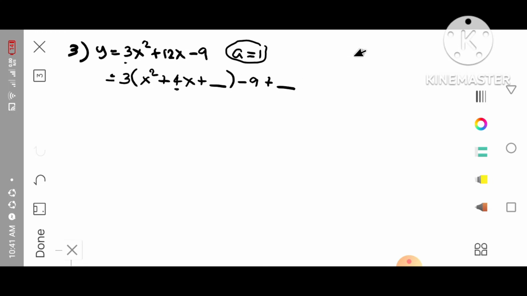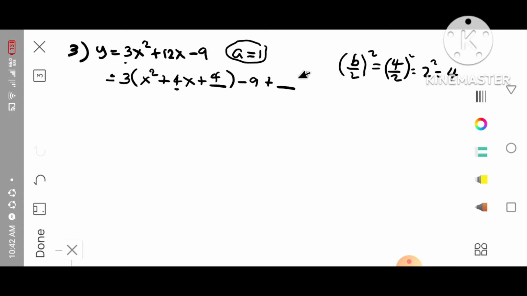Okay, now our b is 4. Again, using the formula, b over 2 quantity squared is equal to 4 over 2 quantity squared, but 4 over 2 is equal to 2 and 2 squared is equal to 4. Okay, so we add 4.